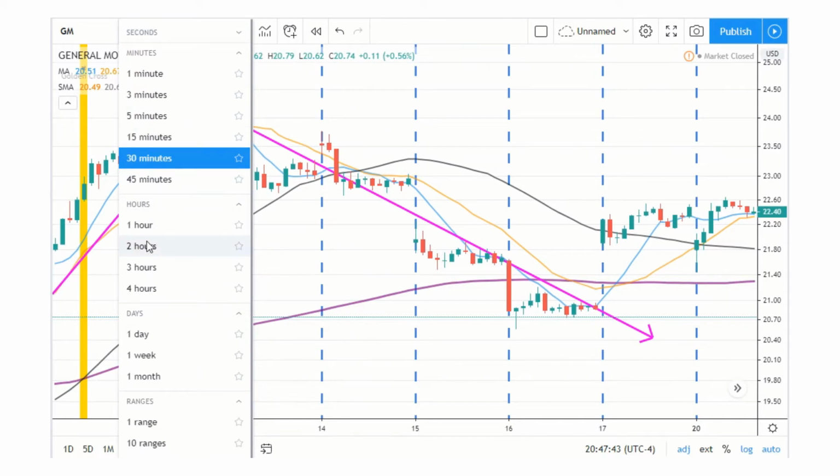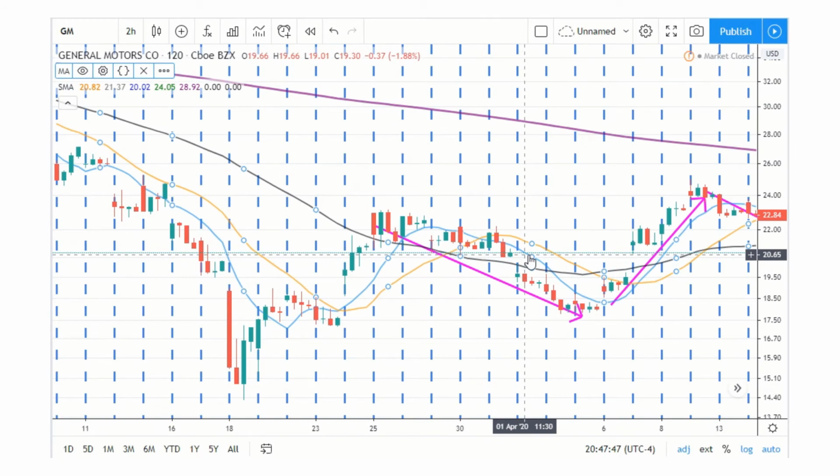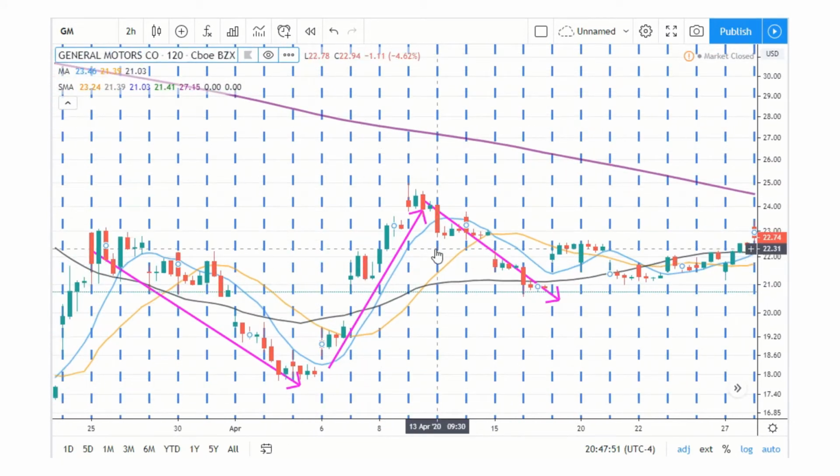But let's look at the 2-hour time frame, and let's go to April. All right, here, and April 13, 2380. So it's a few points.